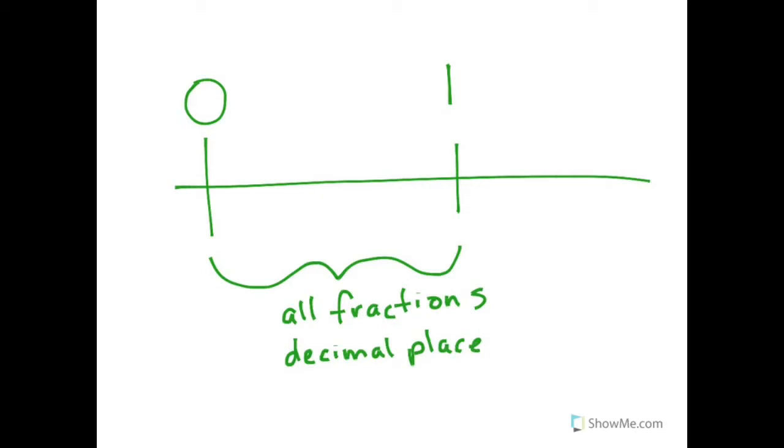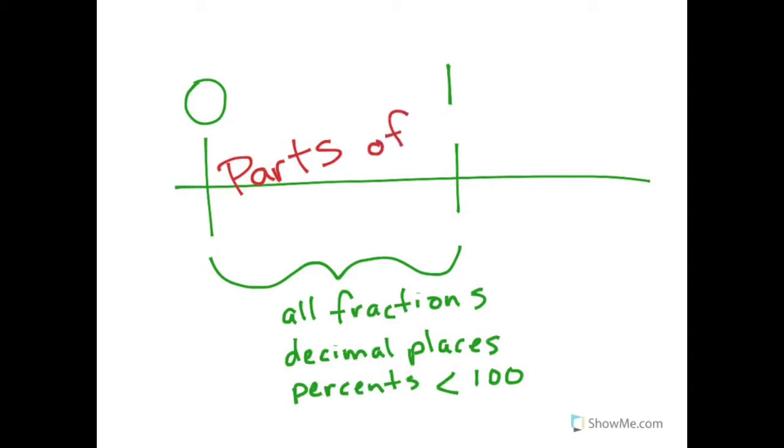What else? Percents. Every single percent, as long as it's less than 100%. I'm going to say less than 100, because 100 is the whole thing. But every single one of these things are all what? Parts of one whole. Good. I'm going to drive that point home here. These are all parts of one whole. Okay, I'm going to give you a quiz now.